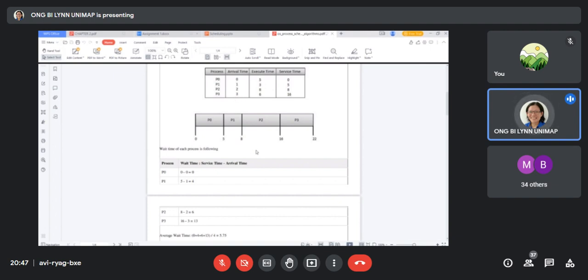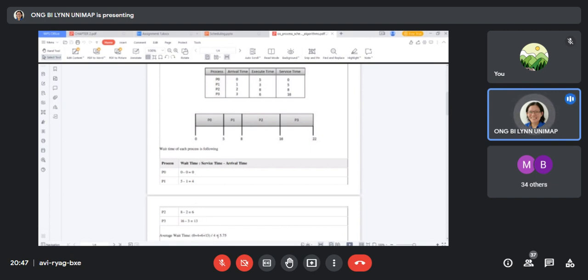I repeat. After you finish the Gantt chart, you need to note the time each process enters the queue. So P0 enters the queue at 0, P1 at 5, P2 at 8, P3 at 16. So the waiting time will be 0 minus 0, 5 minus 1, 8 minus 2 equals 6, 16 minus 3, you get 13.